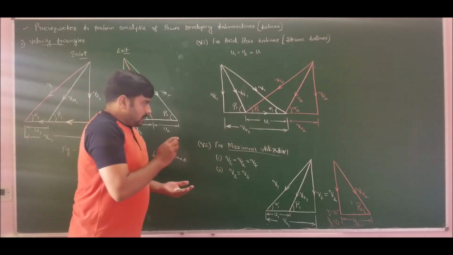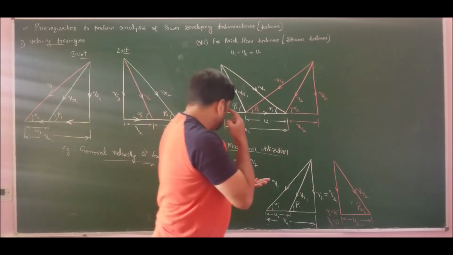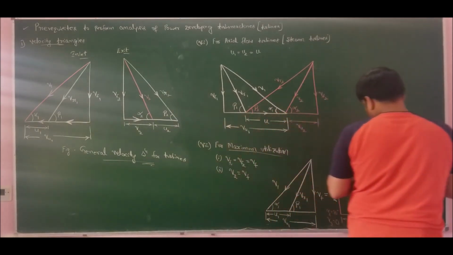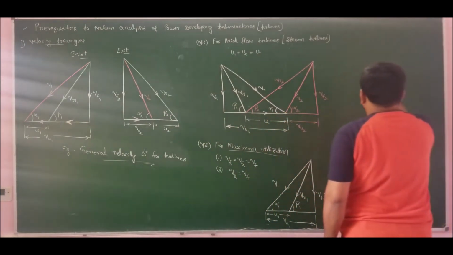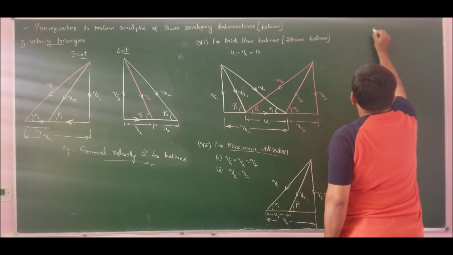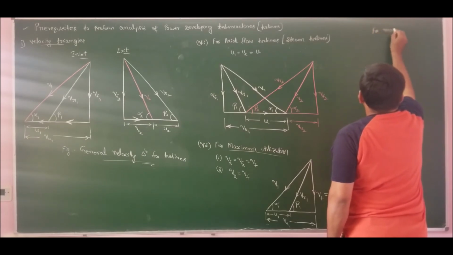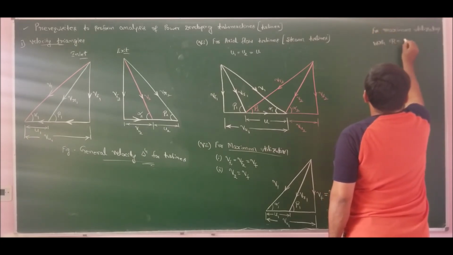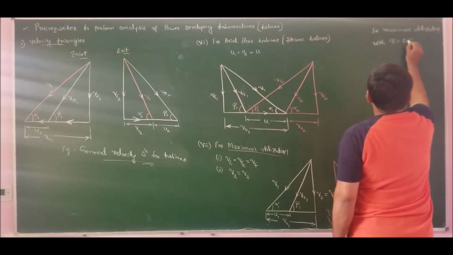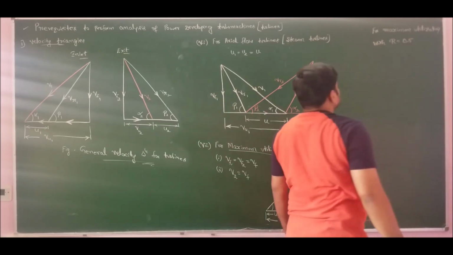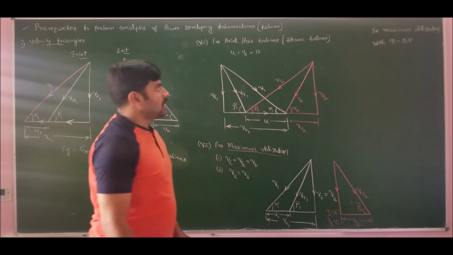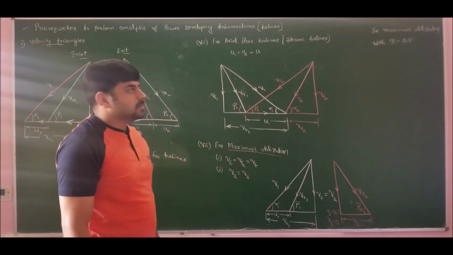Maximum utilization with 50% reaction is a special case in case 8. For maximum utilization with degree of reaction equal to 0.5, a very important velocity triangle is required to solve problems.